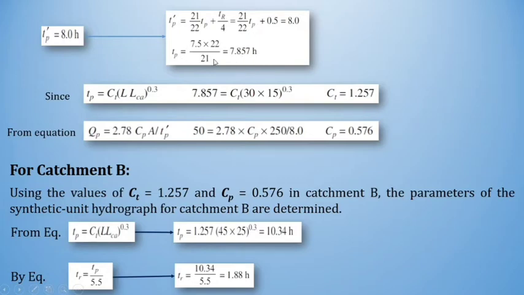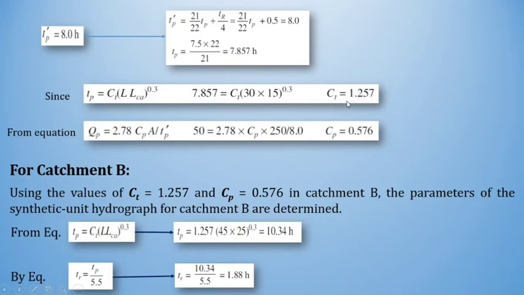This basin lag is for the standard duration. Since T_p = C_t × (L L_CA)^0.3, you can put the values over here and you can find out the value of C_t from the estimated value of T_p.